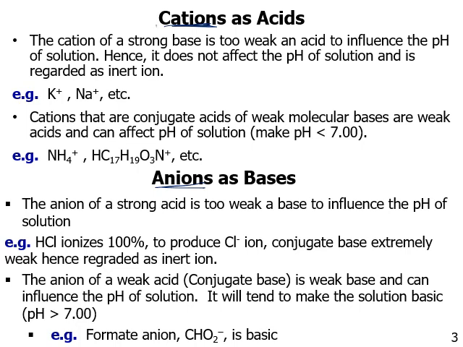What that means, like I said, cations are going to act as acids. So cation meaning if you have Na plus, that's a cation. K plus, it's a cation. Ammonium, that's a cation. Calcium 2 plus, that's a cation. So all of these are different types of cations which are supposed to act as acids.